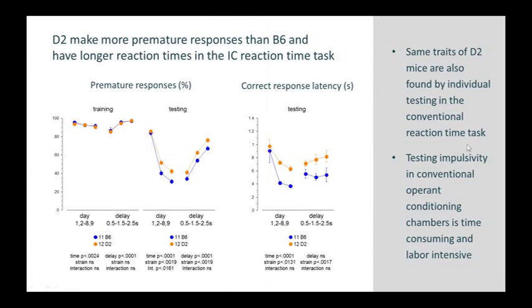And that's exactly what was also found in conventional reaction time tasks, only that this testing phase lasts exactly 1 week, whereas a reaction time task in a conventional Skinner box is a lot longer and is a lot more labor intensive because the animals are run individually in testing sessions.